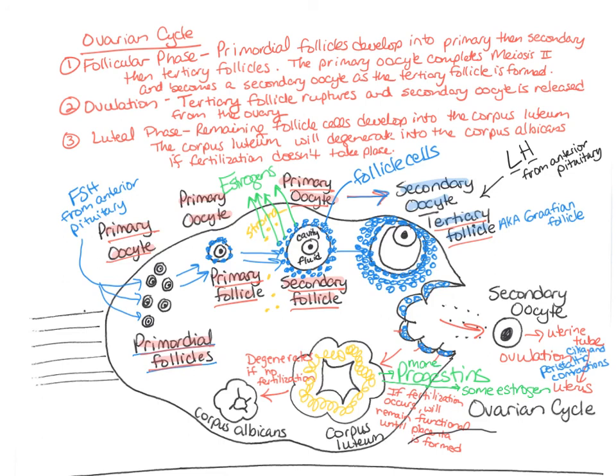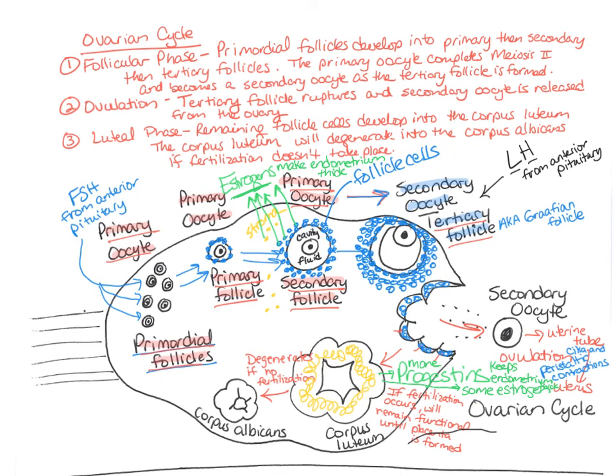In the next video, we're going to take a look at the uterus and we'll see that the estrogens that are being secreted from the follicle cells will start to make the endometrial lining thicker. And then the progesterone that's secreted from the corpus luteum will keep the endometrial layer thick in the event that fertilization occurs and a pregnancy ensues.